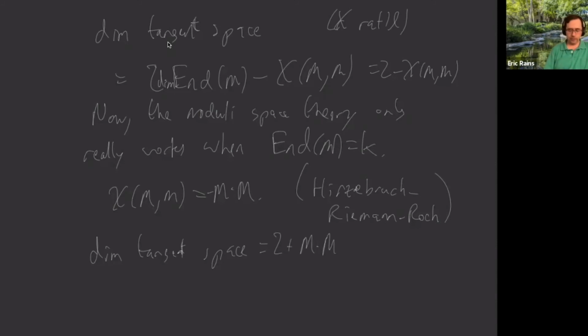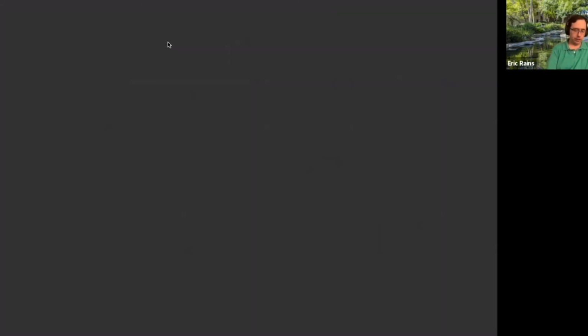Okay. So in particular, the dimension of the tangent space, let me just call it dimension in quotes, is 0 if and only if the support of M has self-intersection -2.